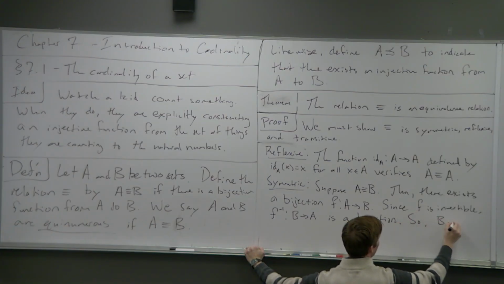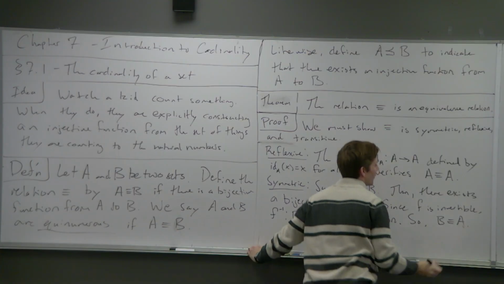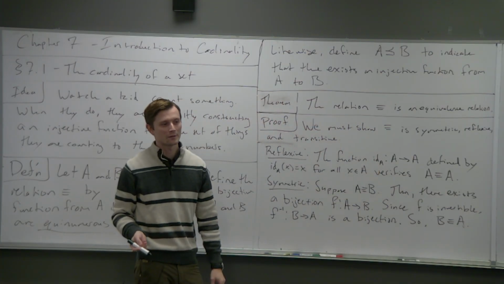So B and A are equinumerous whenever A and B are equinumerous.